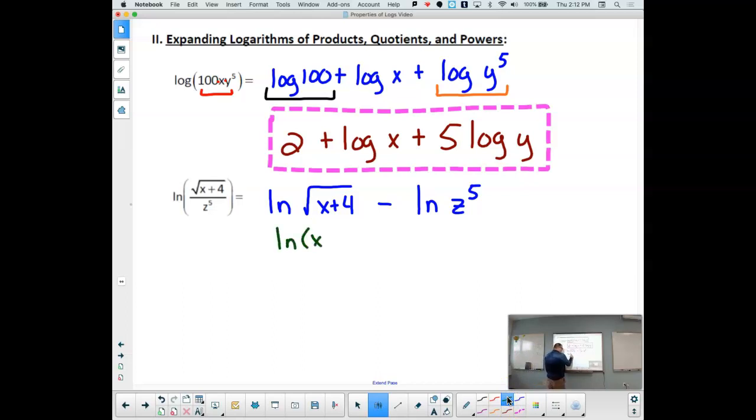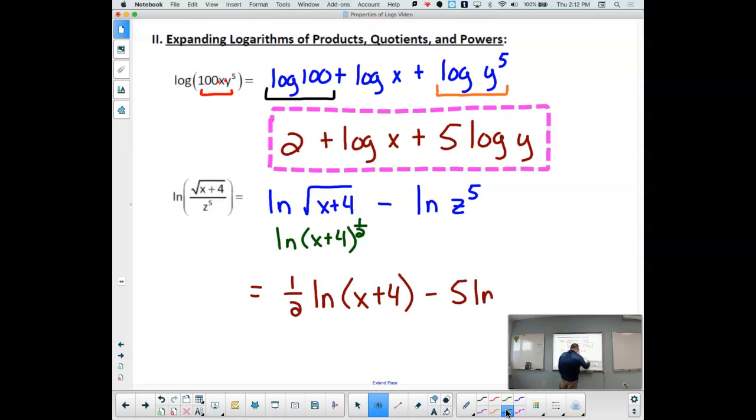This is the quantity x plus 4 to the 1/2 power. Square roots, remember, are an exponent of 1/2. That's how I am thinking about that one, because that allows me to take that 1/2 out in front, and that becomes 1/2 natural log of x plus 4, and then minus 5 natural log of z.